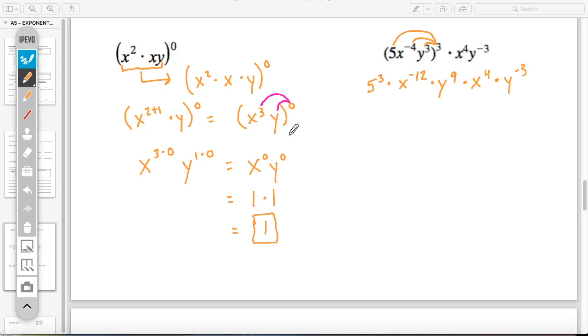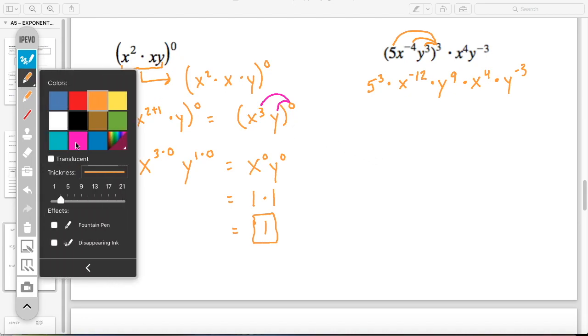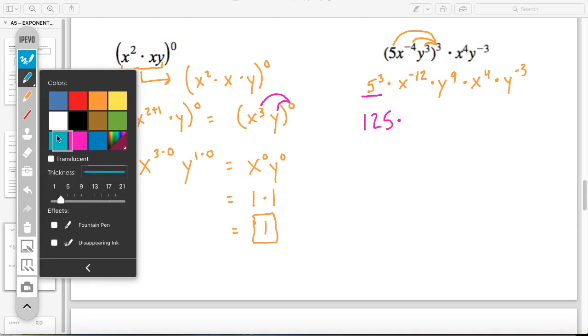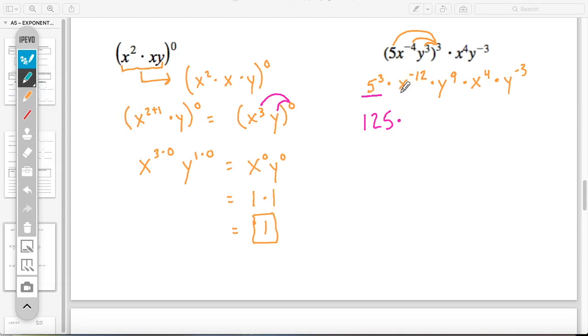So what I'm going to do now is underline like bases. I have 5 to the 3rd power, so 5 times 5 times 5, that's 125. Now I'll do my x's.